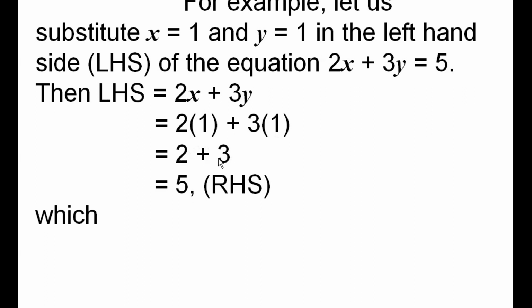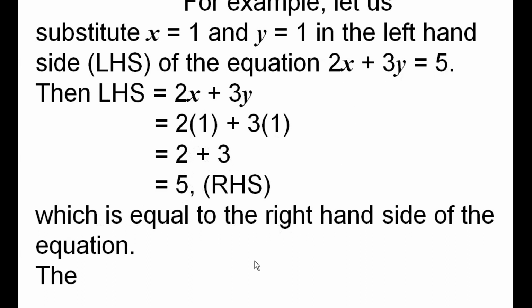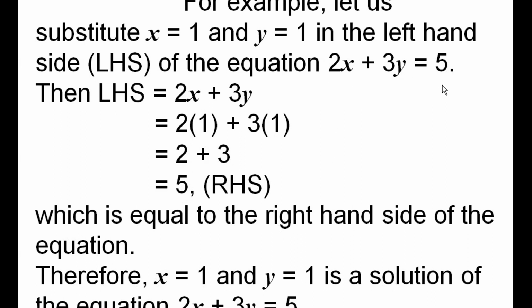You will get 2 ones are 2 plus 3 ones are 3, which is 2 plus 3 is 5, which is equals to the right hand side of that equation, 2x plus 3y equals to 5. Therefore x equals to 1 and y equals to 1 is a solution of this linear equation 2x plus 3y equals to 5.